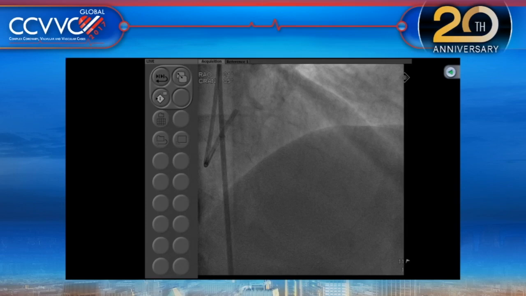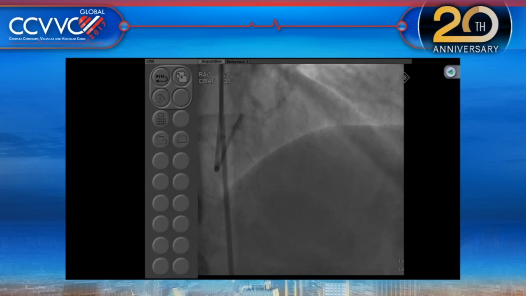Your first wire should be a polymer coated wire, which should be a Fielder. Even if people want to use a Fielder XT, it's not a wrong choice in this case. And be ready with your CTO wires, so that if you're not able to cross with your Fielder, you will have your specialty wires ready. People may like Pilot, but it could be Gaia or Miracle. They should be ready with you to get the circumflex wired.